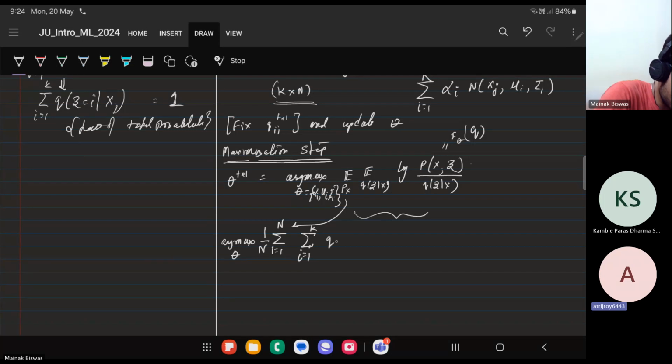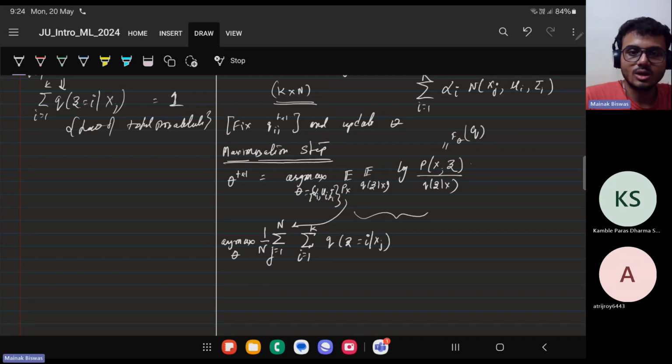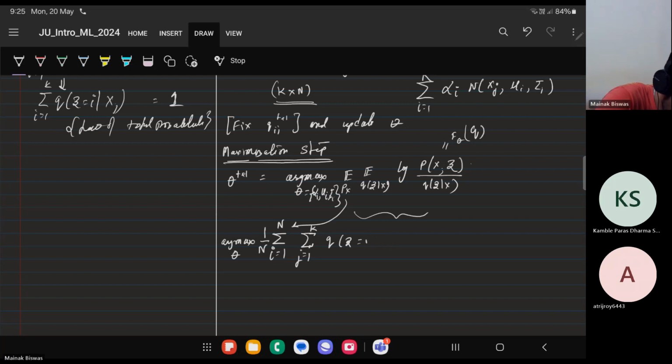Yes, that inner part will be Q of z given x, into log of p. This, right? Let me write the first one as i and the second one as j. This is what it is.